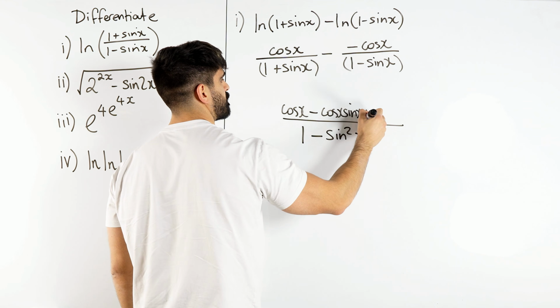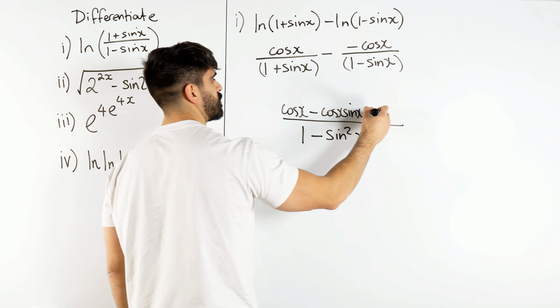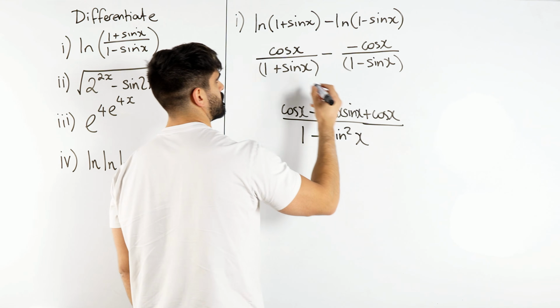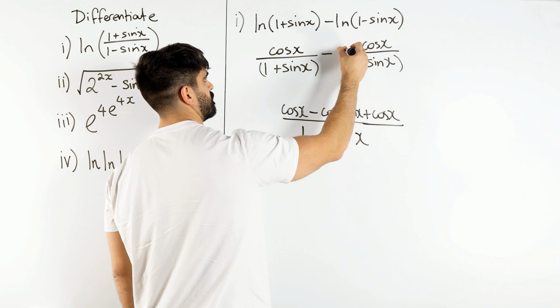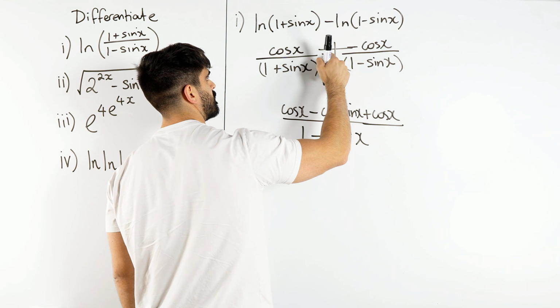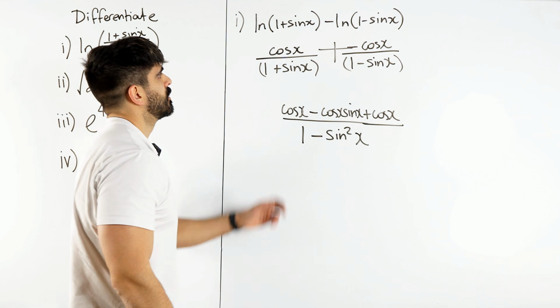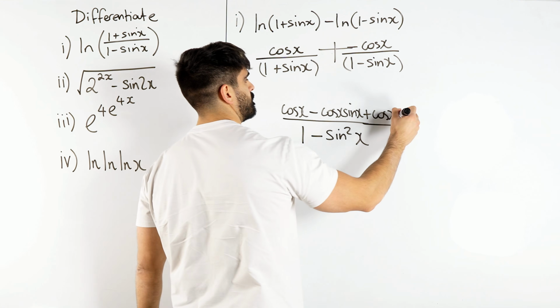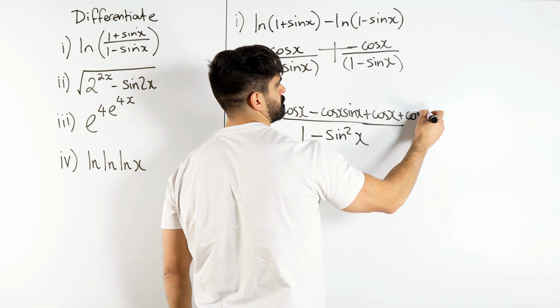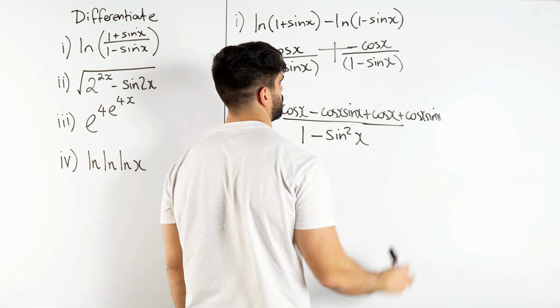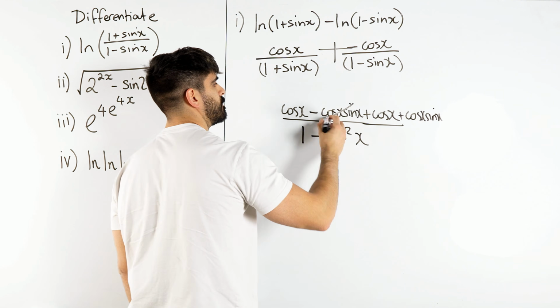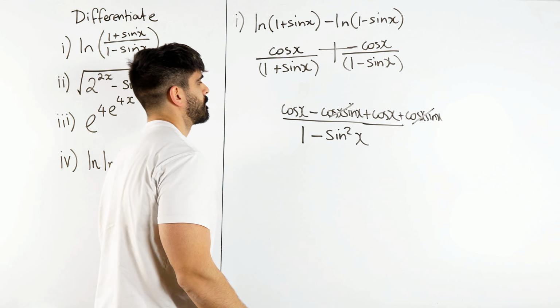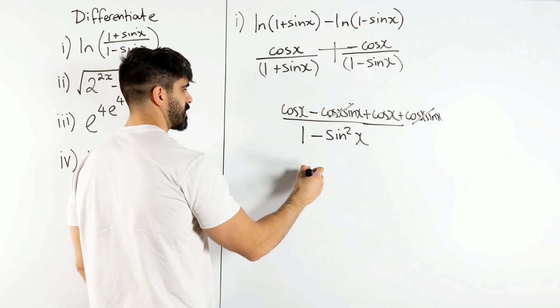The double negative is plus, cos times 1, cos x. Then plus, remember this is all one big plus. Cos times sine is just cos sine. And then these cancel. Cos x plus cos x is 2 cos x.